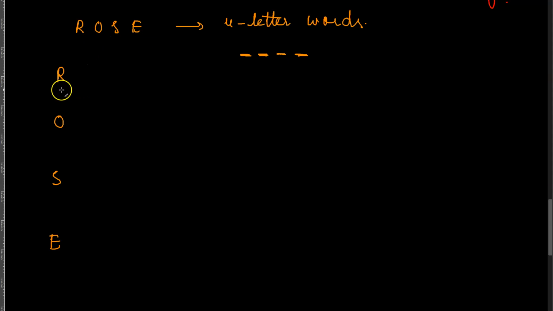So that means that for the second placeholder, I have 3 letters to choose. I can choose O, S, or E. Now, as you can see, I have chosen 1 and 2 of the letters, and since repetition is not allowed, I have 2 letters to choose.